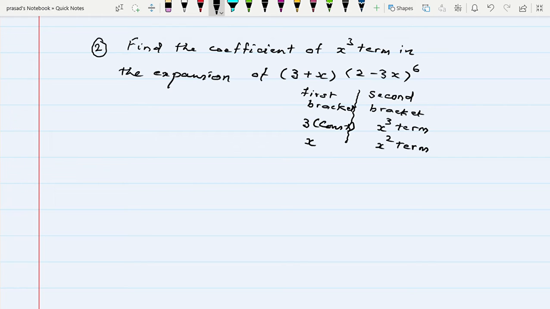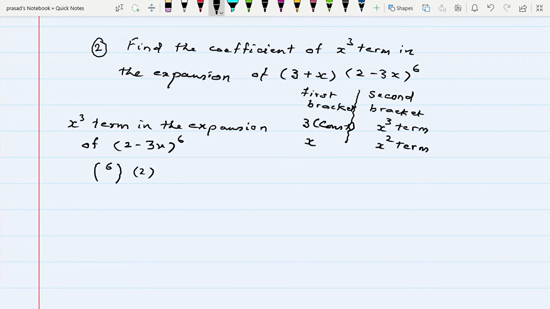One is the x cube term in the expansion of (2 minus 3x) to power 6. So what will be that? Again, here n is 6, a is 2, b is minus 3x, and I want the x cube term. So this power is 3, total power is 6.